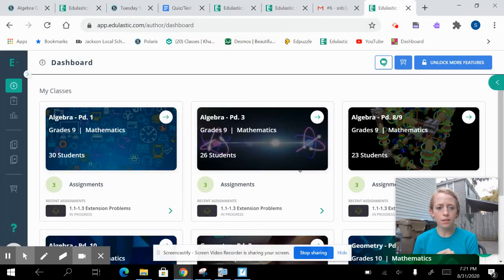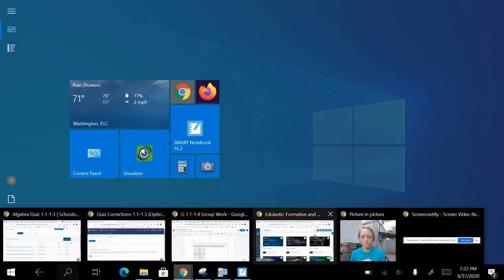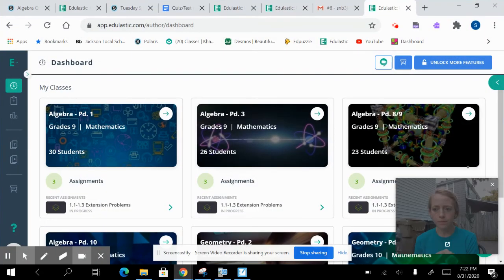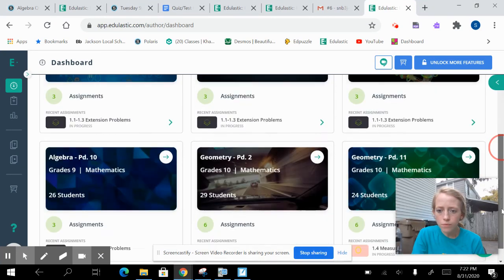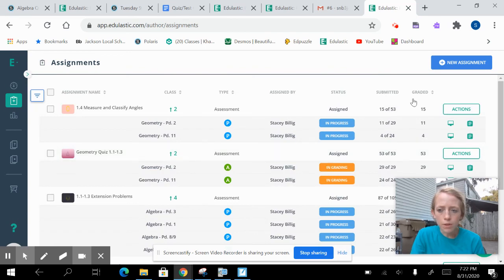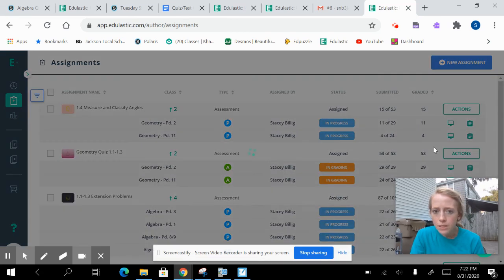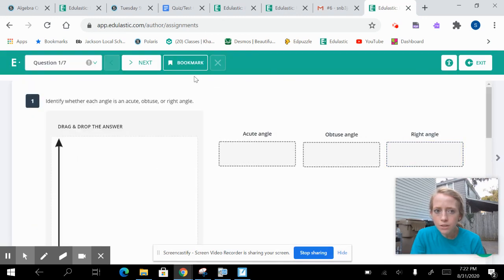No, that's not it. Let's just double check here real quick. Oh gosh. Where did my screen go? We're going to preview the assignment so we don't see answers.